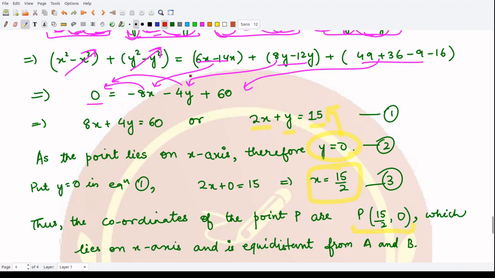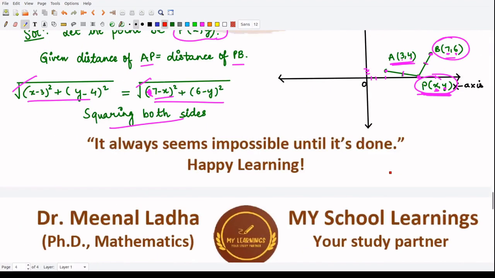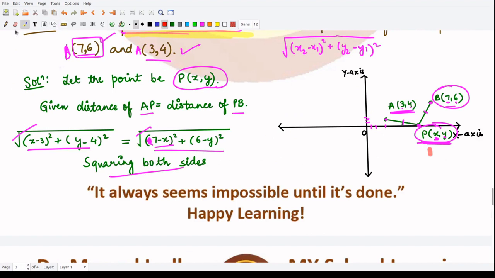You can further check whether it is equidistant from the points or not. Let me show you here. The point is 15 upon 2 comma 0. Now let's calculate the distance AP. It would be equal to the square root of 3 minus 15 upon 2 whole square plus 4 minus 0 whole square.